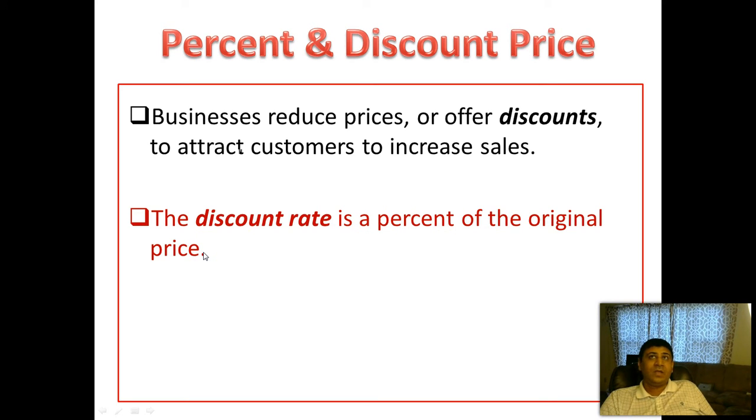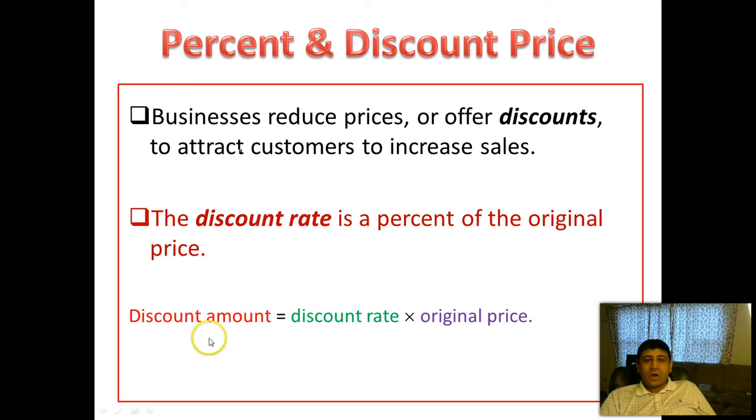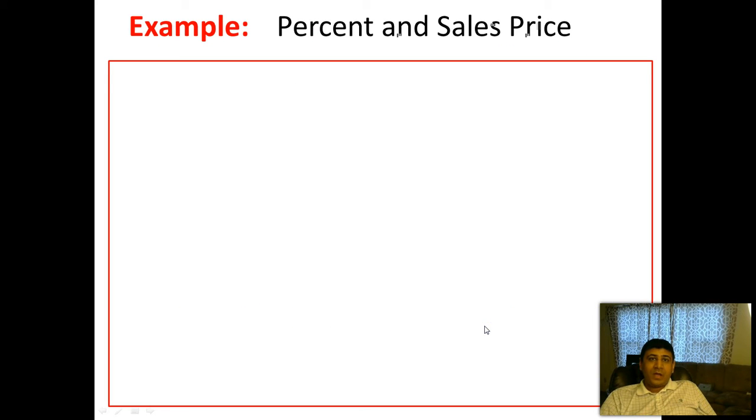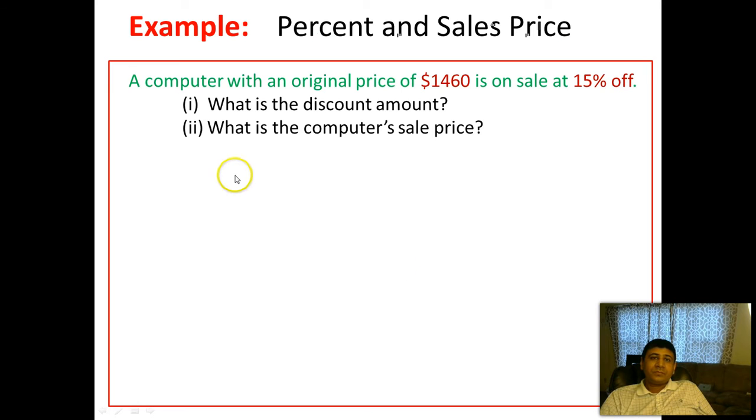If they say 50% off, that means half of the price is gone. The discount amount is calculated by the discount rate, always given in percentages, times the original price.